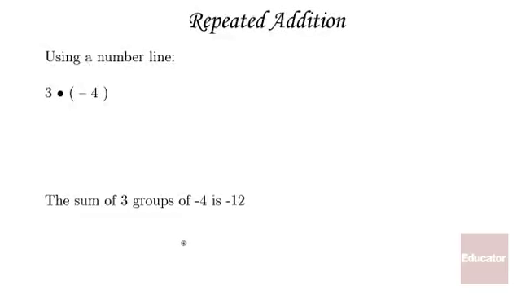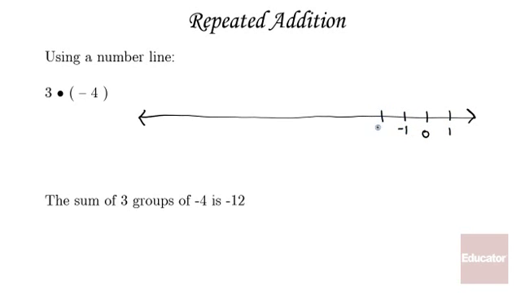Multiplying integers is a fast way to do repeated addition. Let me show you how this would be represented on a number line. If we start out at 0, -1, -2, -3, -4, -5, I'm going to extend my number line a little more.